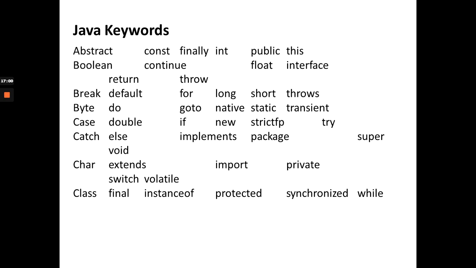Break, default, for, long, short, throws. Byte, do, goto, native, static, transient. Case, double, if, new, strictfp, try, catch, else, implements, package, super, and void. Char, extends, import, private, switch, volatile, class, final, instanceof, protected, synchronized, while. So these are all the Java keywords.